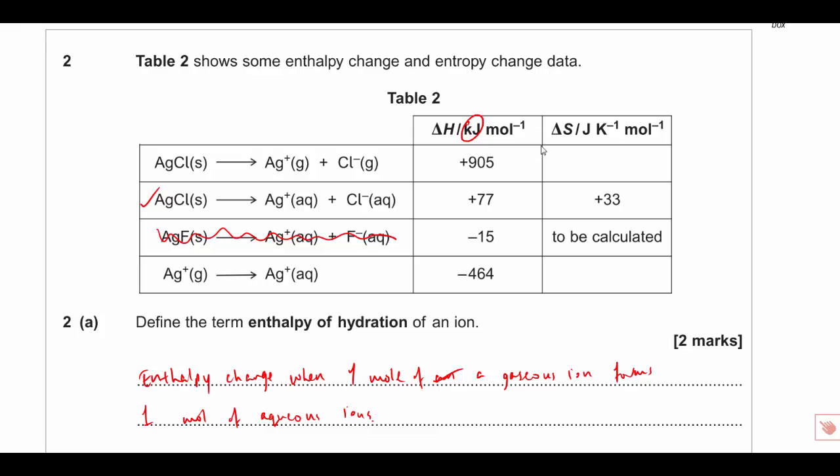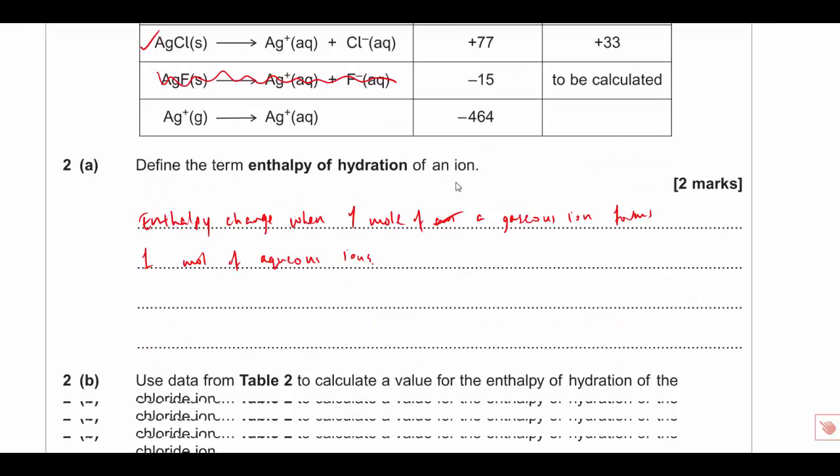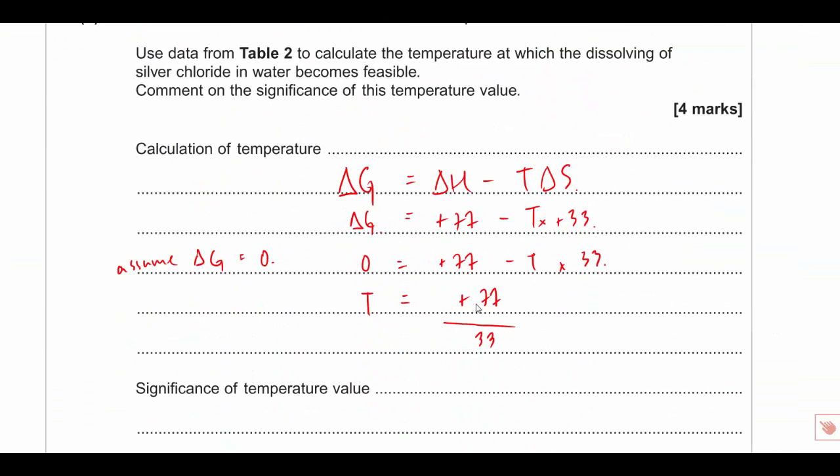Bear in mind, this is kilojoules and this is joules. So I need to convert my 77 into joules. So I'm converting my kilojoules into joules and multiplying it by 1,000.